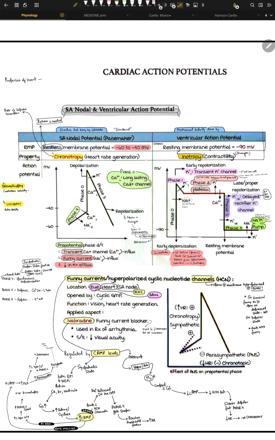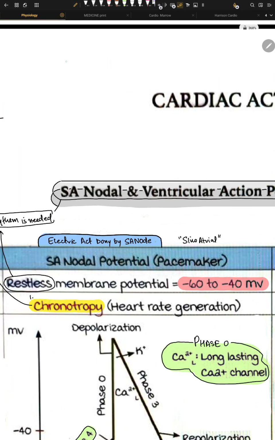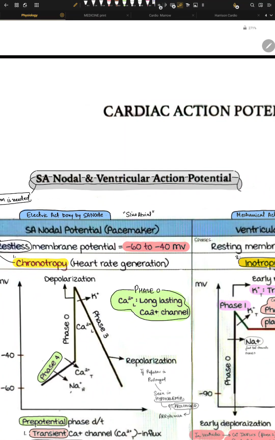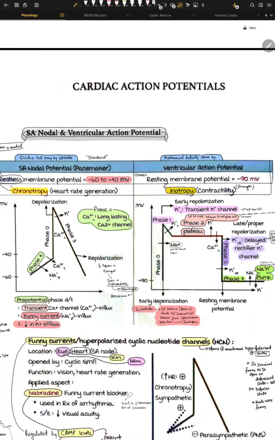So when there's a change of voltage across the channel, across the whole tissue, this is called action potential, right? So every cell has a resting membrane potential. It means that inside the cell there are more negative charges than outside. So that's the concept I'm trying to talk about.